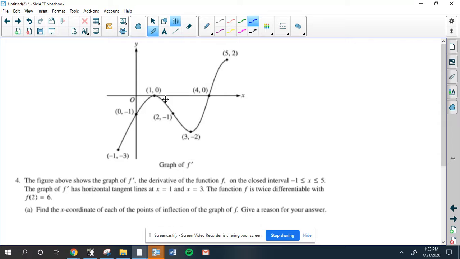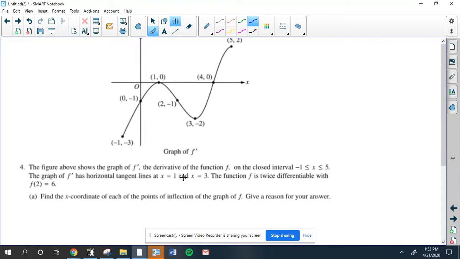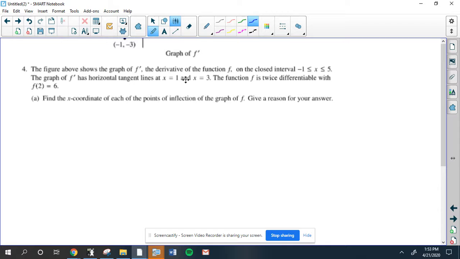Well, that's easy, especially since we can give the reason for the answer before we even give the answer, which is what I always suggest. So you don't even have to look at the graph. Here's the reason that I'm going to call anything a point of inflection when given the first derivative.